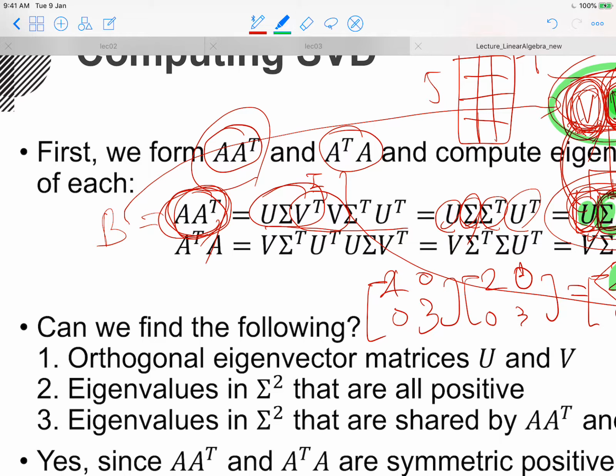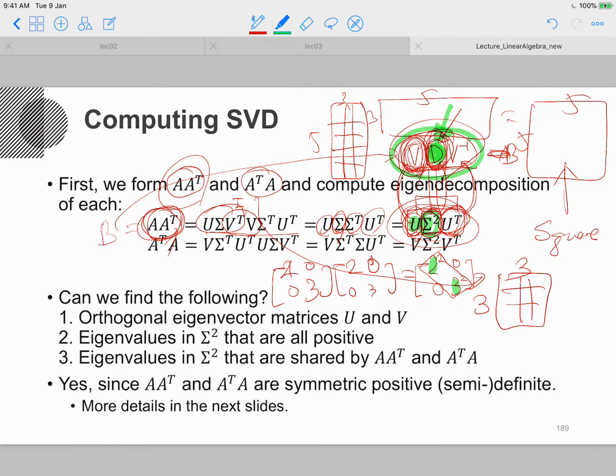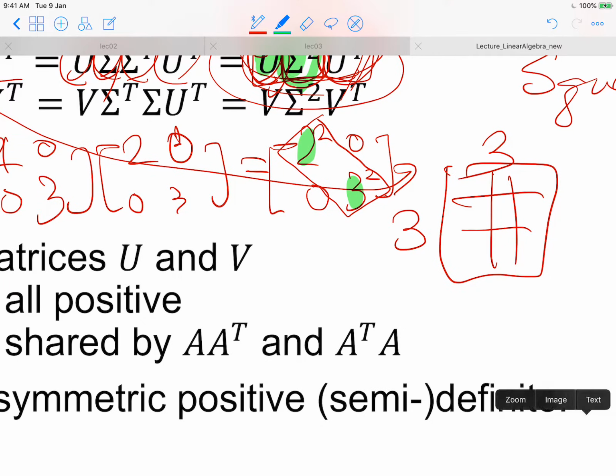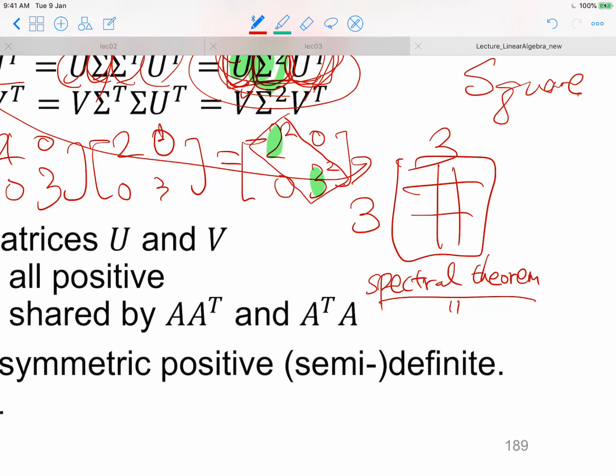Okay, so that is called the spectral theorem, and also it is called symmetric eigen decomposition.